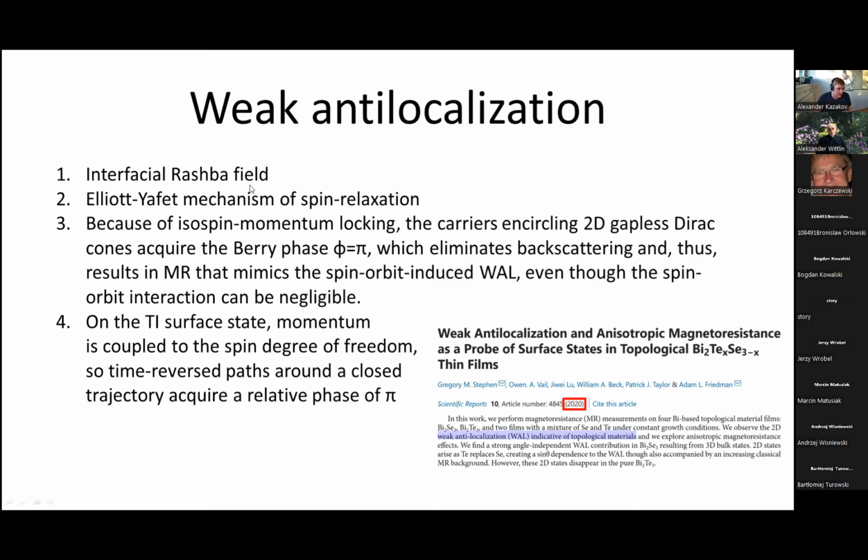Of course, there is the interfacial Rashba field or the Elliott-Yafet mechanism of spin relaxation, but it was also found that in Dirac systems with linear dispersion, where the carriers can obtain an additional pi Berry phase, backscattering is also reduced, and this effect mimics weak antilocalization and manifests itself the same way, though spin-orbit interaction, for example in graphene, is quite small. Also, this effect is expected for topological insulator surface states with spin-momentum locking.